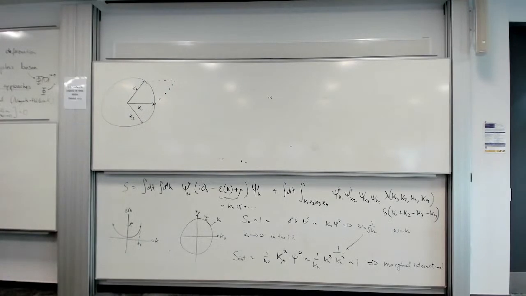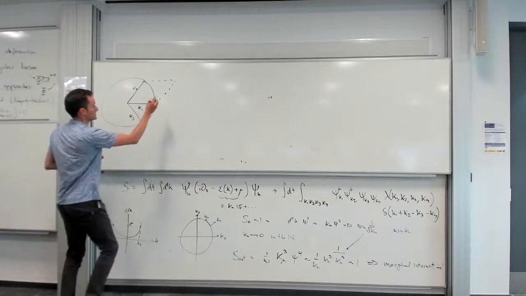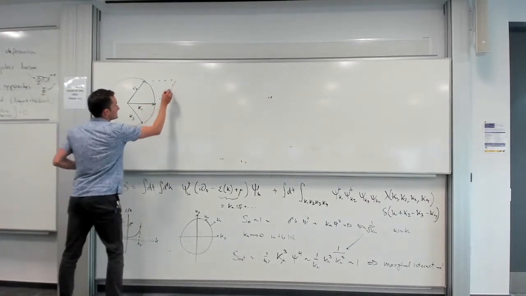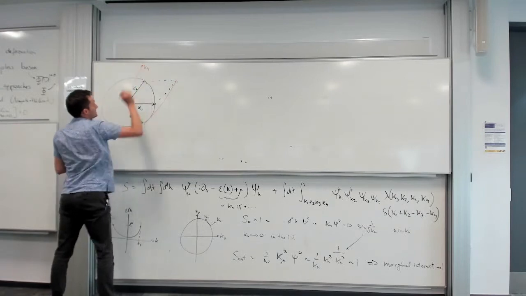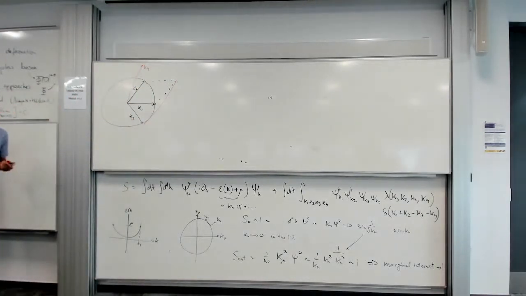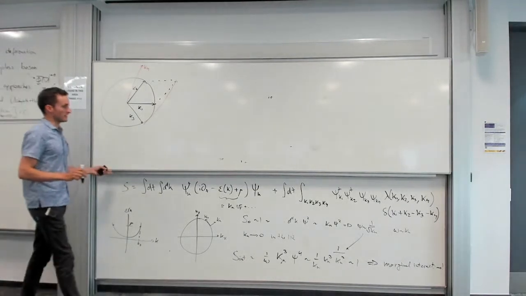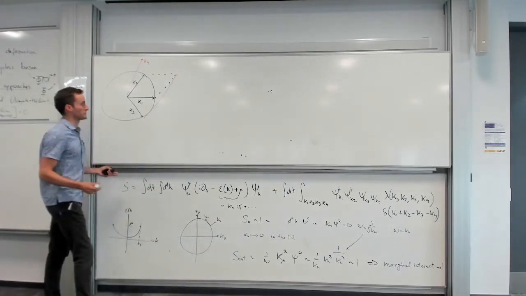Let me use another color. So we see that generically this is K4, and it's not at all on the Fermi surface. So actually, most interactions aren't marginal. There are only special vectors which satisfy the fact that they're all going to the Fermi surface together.